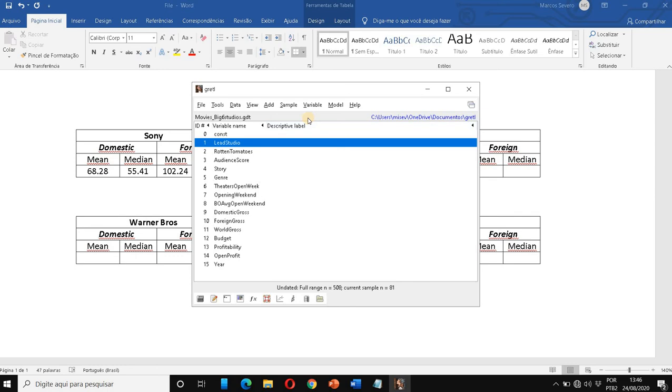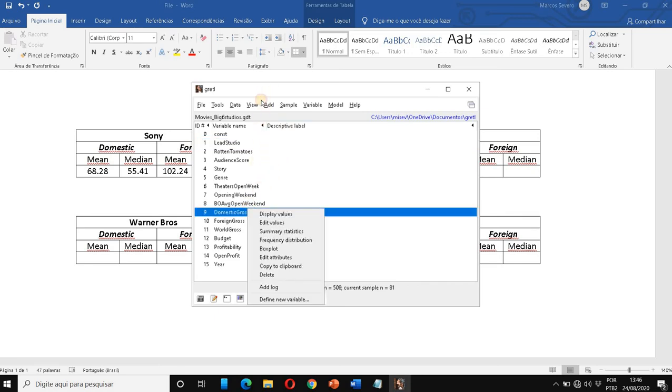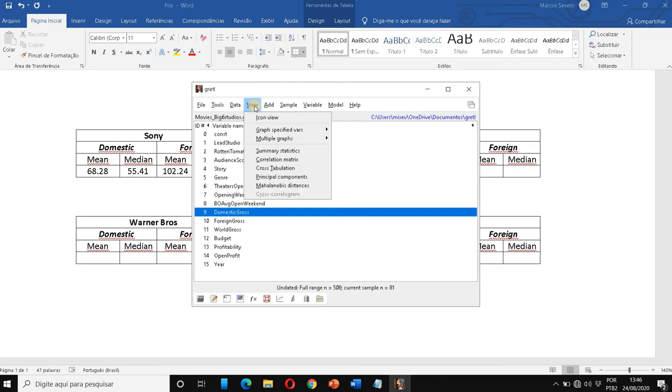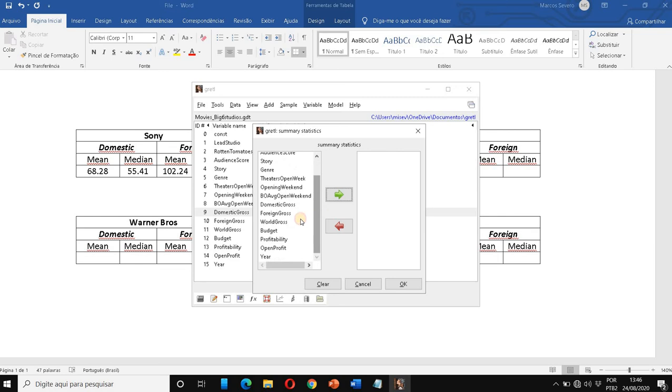And then I'm going to observe the mean and median values for these two variables, domestic and foreign gross revenue. So there is an alternative option. If you don't want to go here and click with the right button, you just go on view, summary statistics, okay? So I'm going to click on domestic gross, click on this arrow and click on OK.